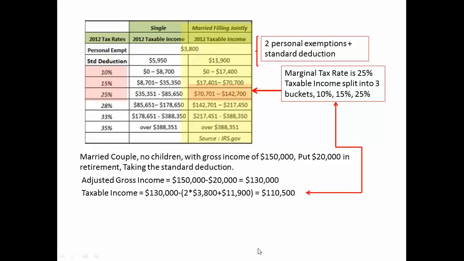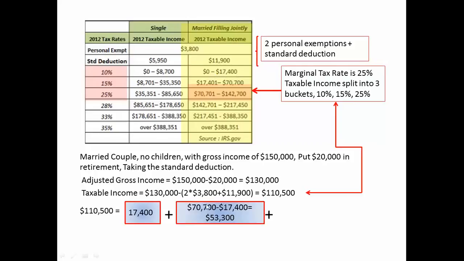So we're going to take this 110,500 and split it up into the different buckets. The first bucket is 17,400 because that's taxed at 10% based on the table. The second bucket is the difference between 70,700 and 17,400. You find that difference, and that 53,300 is the total amount that is going to be charged at a 15% rate.